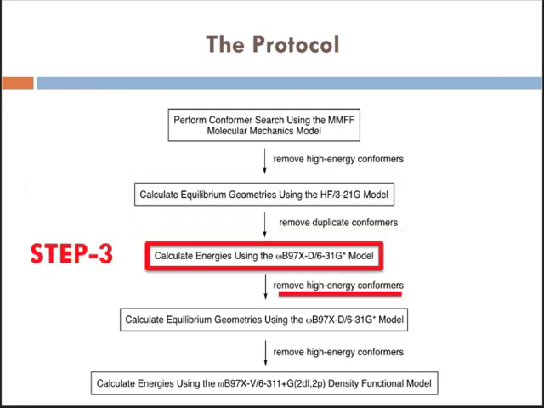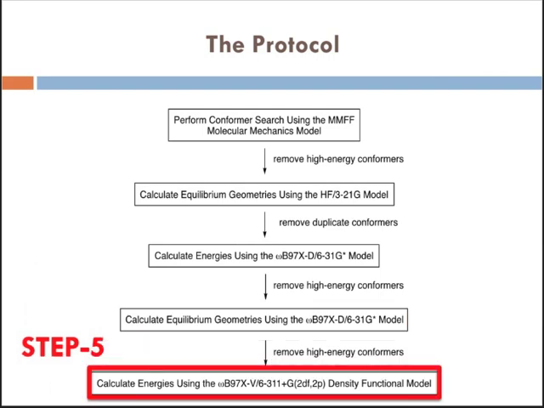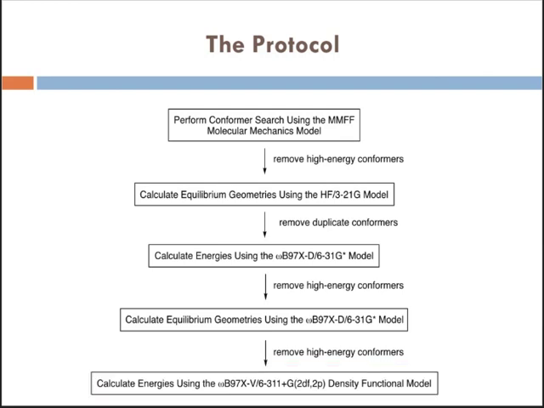You then calculate energies with a much better method than either of these, recalculate geometries, and finally recalculate energy. So there are 5 steps to get, hopefully, the same result as if you did this giant thing right at the very beginning. It's not going to be 100% perfect, but it is probably getting pretty close to that.